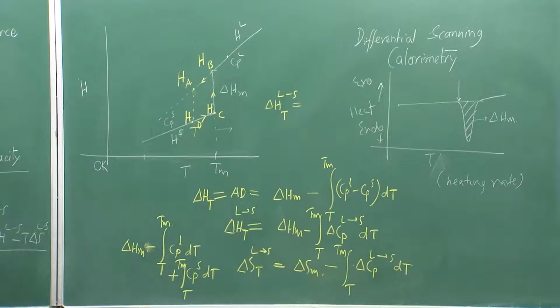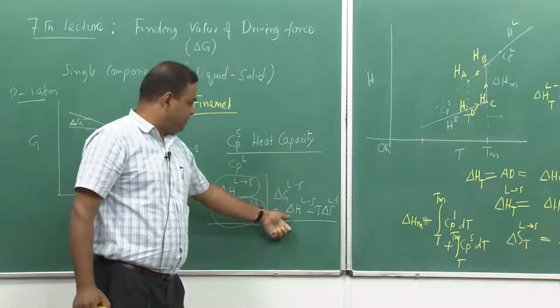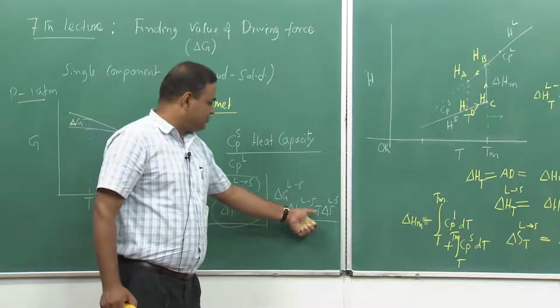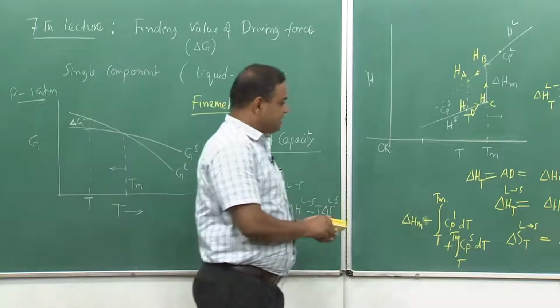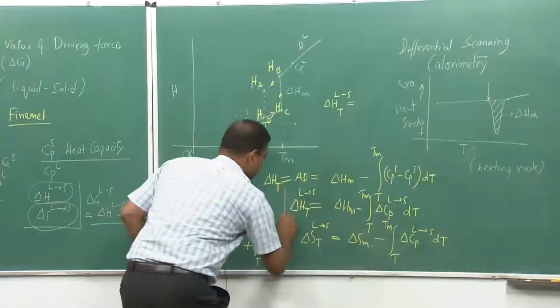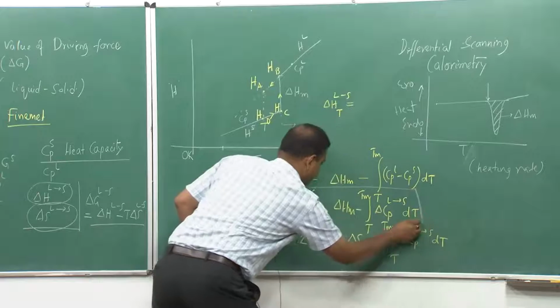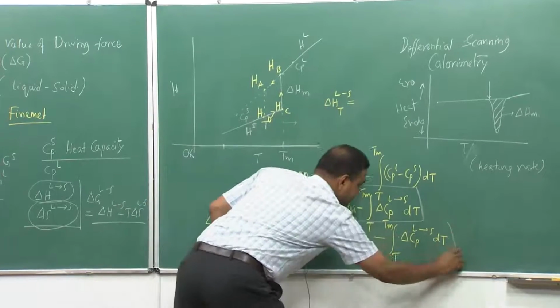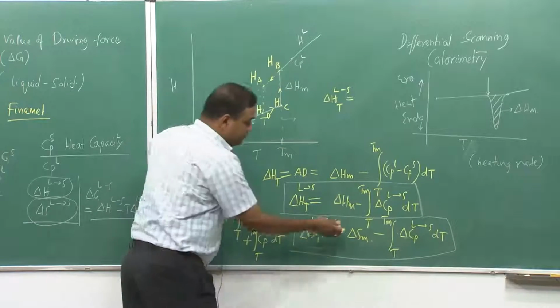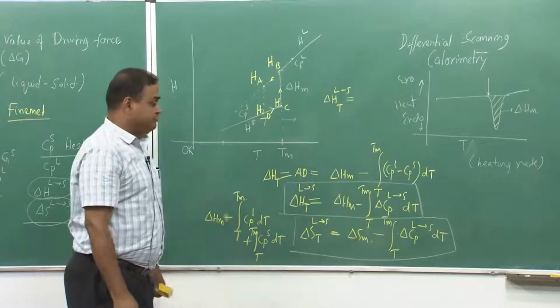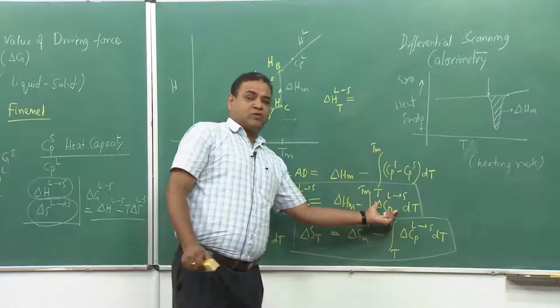So now I do get the information of del S liquid to solid and T del S liquid to solid, and I get two expressions. This is one expression, this is another expression. Since I know del H m, I also would know del S m from experiment, and this is an experimental quantity.